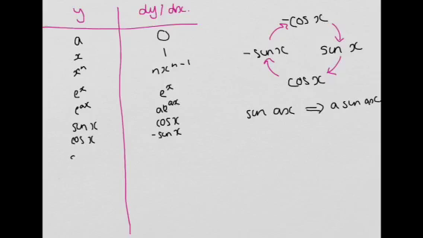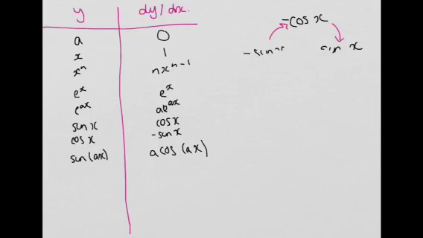So the sine of ax becomes a sine. Oh, sorry, I've got those both wrong, sorry. Cos ax. A cos ax. Sorry about that.